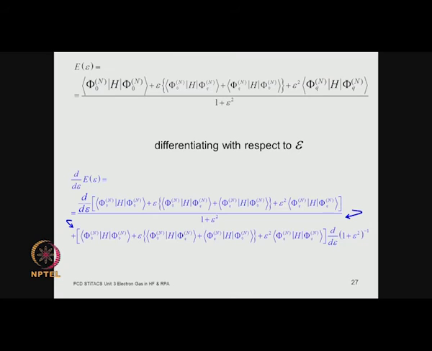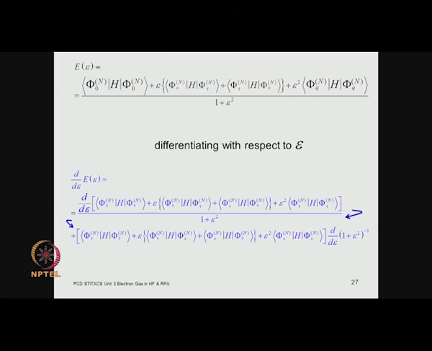The first term is the differential of the numerator. The numerator has no epsilon in the first term, and the next term is linear in epsilon. So, when differentiated with respect to epsilon, you will only have this combination of these two terms in this bracket, and then here you will have this coefficient times twice epsilon, which is the differential of epsilon square with respect to epsilon.